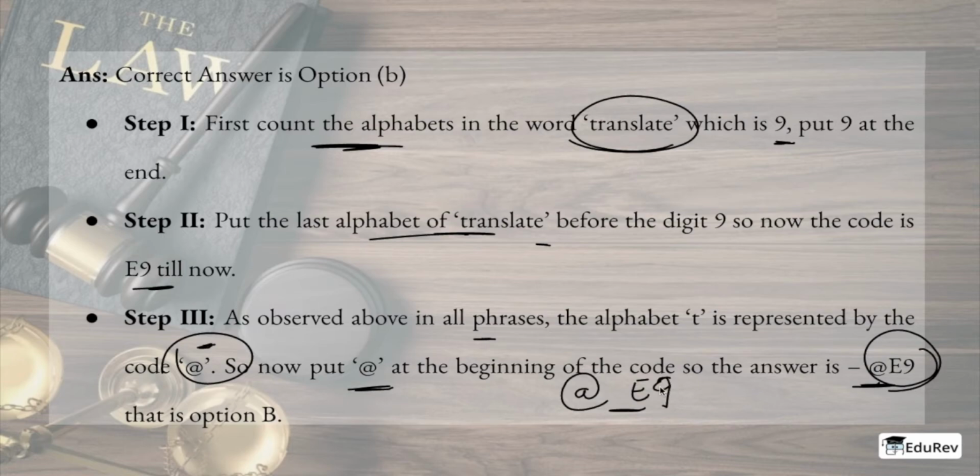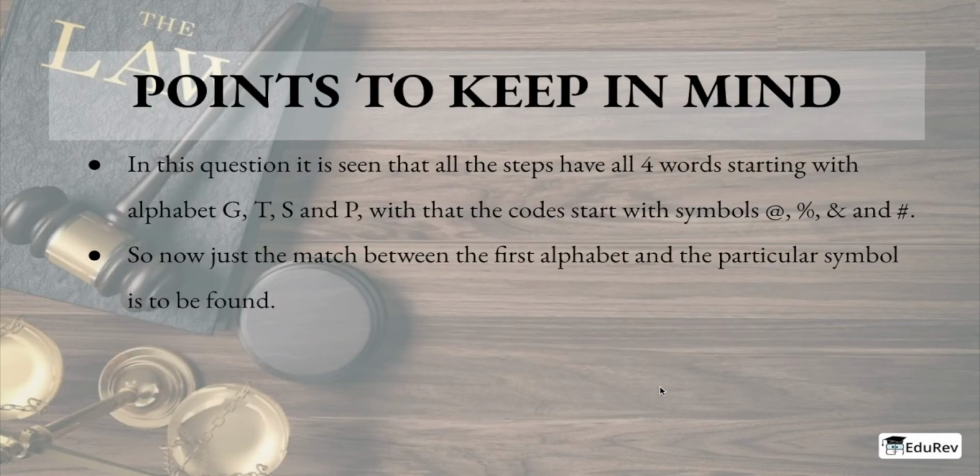Now here in this example, there are some points which we need to keep in mind. Let's revise this. In the question, all the phrases have 4 words starting with the alphabets G, T, S and T, and the codes have the symbols for these. Next, we just have to match the first alphabet with the particular symbol, which is common sense.